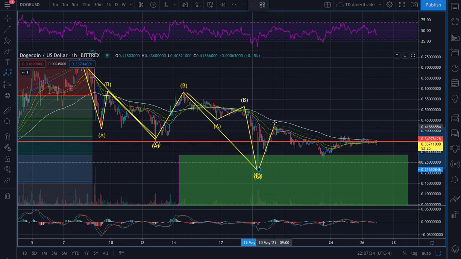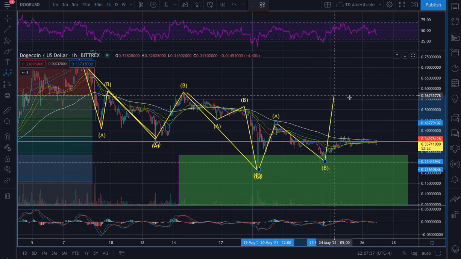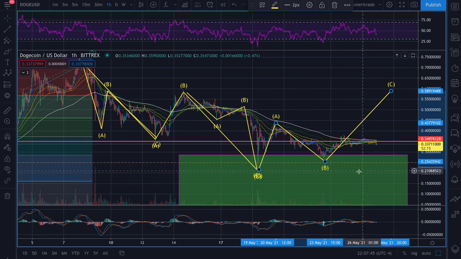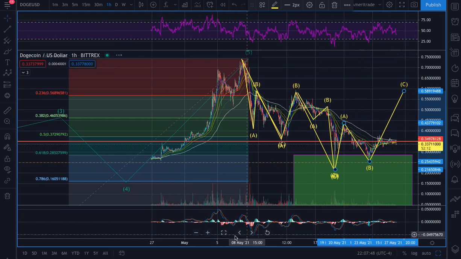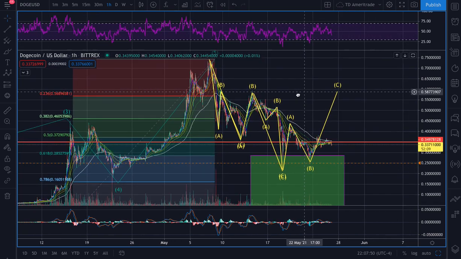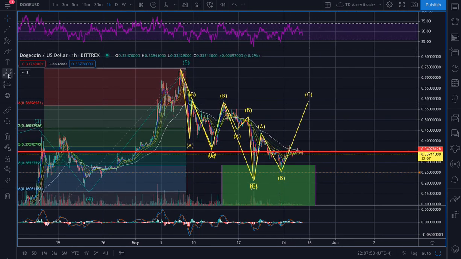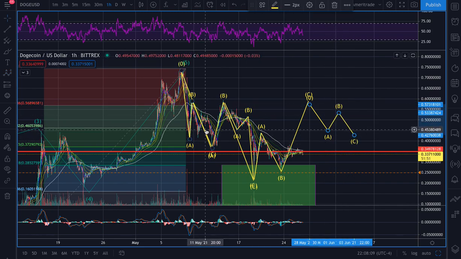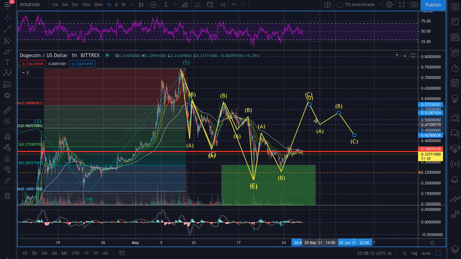This could be more like A, B. Not exactly sure where it will go. Something like that. And then possibly another one. Well, this would be a small one right here.